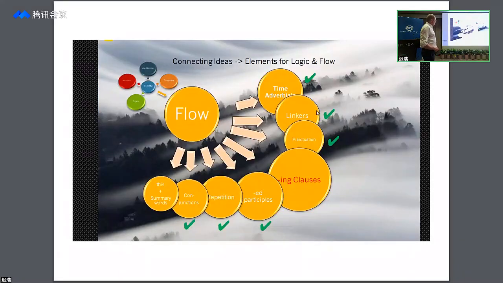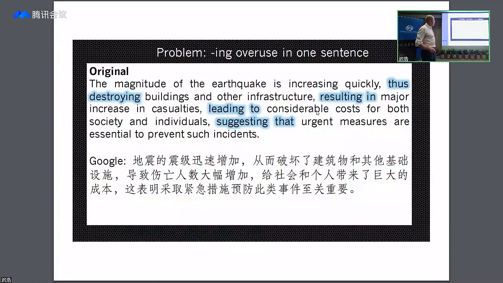Third section. Here, ing clauses. This one we have already talked about for causal relationships. What I want to do here is point out something that is a bit problematic. Scientists are really big fans of ing clauses.